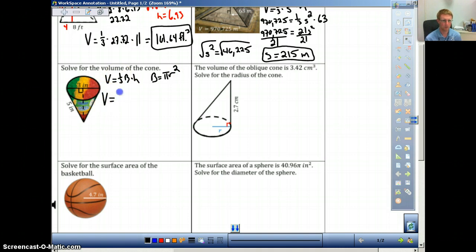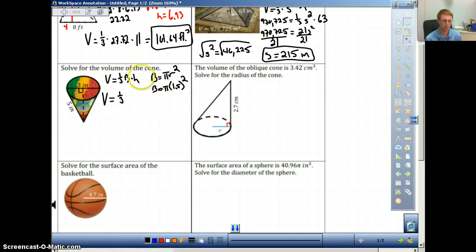Volume equals 1/3 times, okay, big B, well, let's plug this in, pi times, our radius here is not 3, it's 1.5, because it's half of the diameter. Okay, so we get our big B is going to be pi times 1.5 squared.